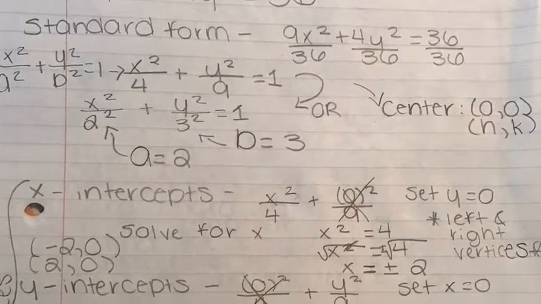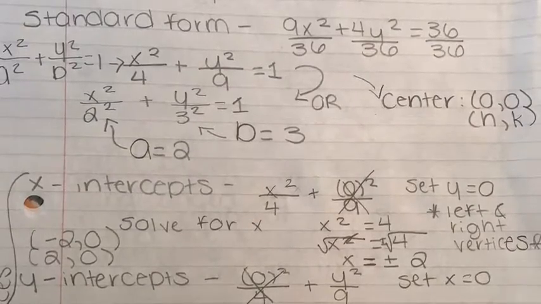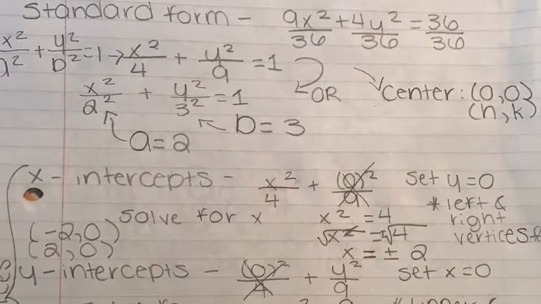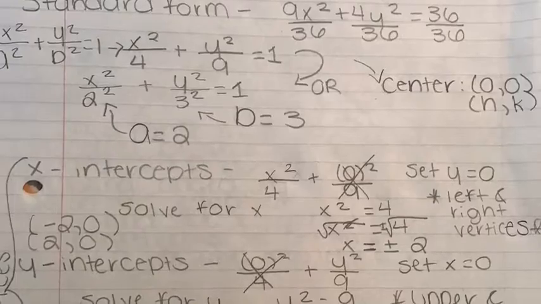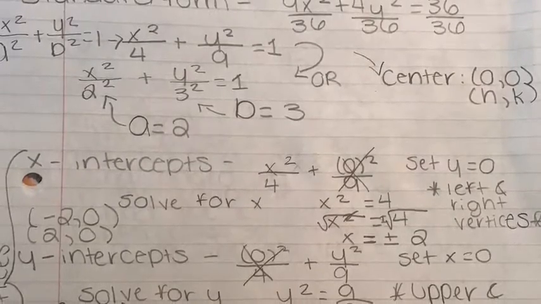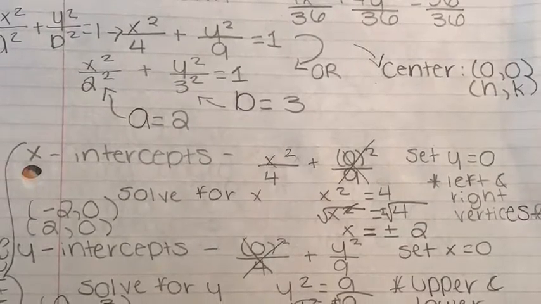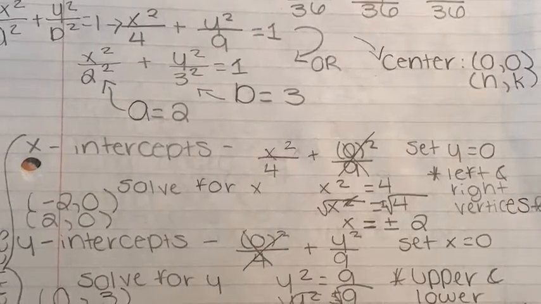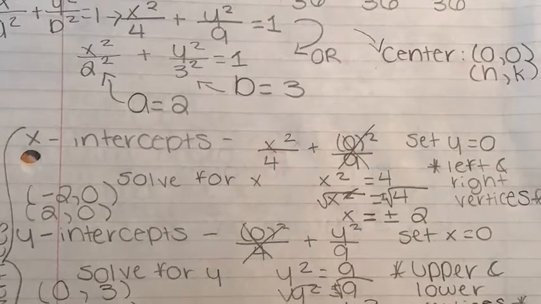This gives a equals 2 and b equals 3. You can find the center of this to be 0, 0, which makes h equals 0 and k equals 0, due to x and y not being added to another number in the equation.